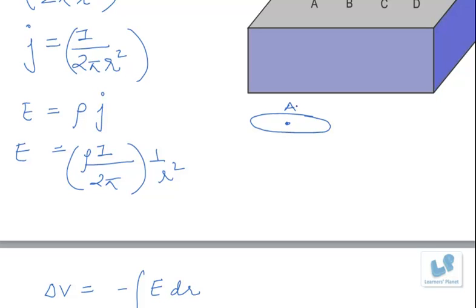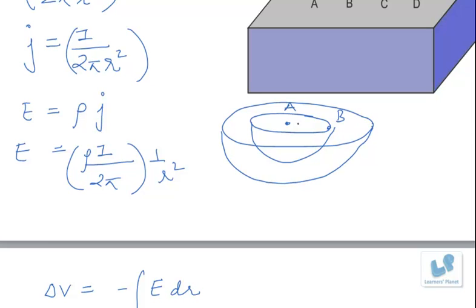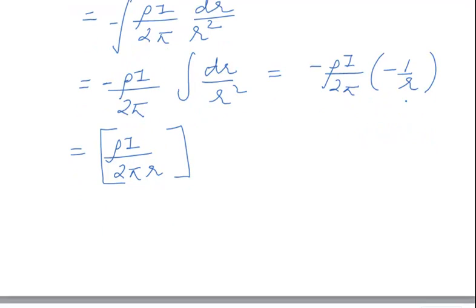This is a, this point is b, and similarly another hemisphere. So this radius is a and this radius is a plus b. So we have to take the limits of r from a to a plus b.